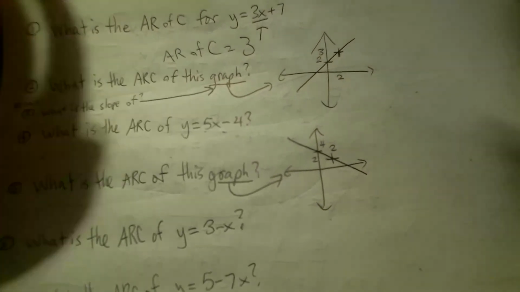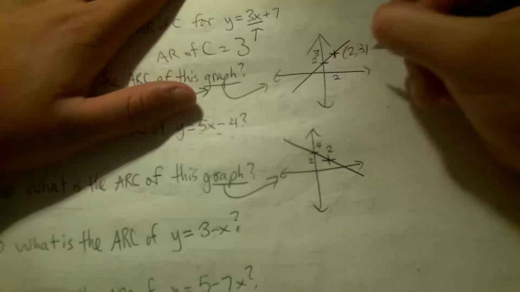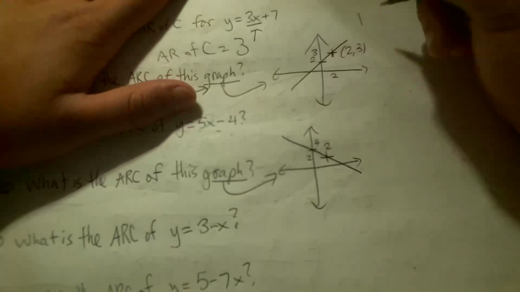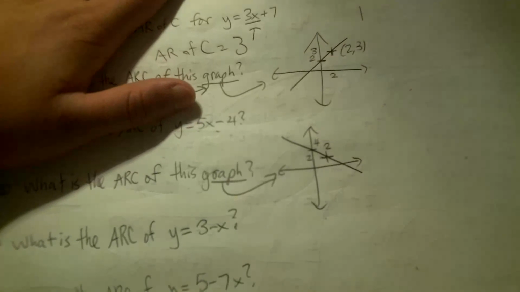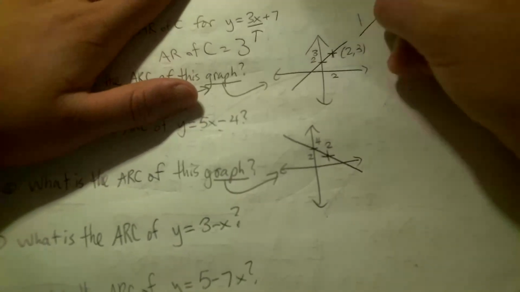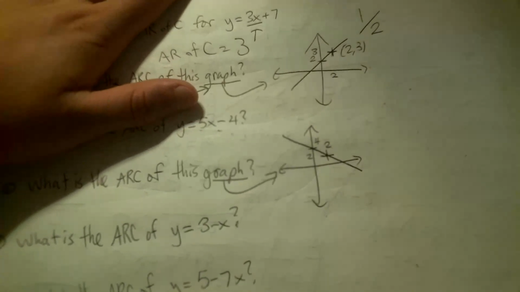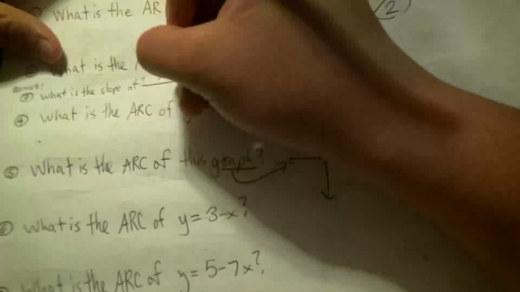So here we have 2, 3, and that we can see is a change of positive 1 for the y-axis, and a change of 2 for the x-axis. So that means we have an average rate of change of 1/2.